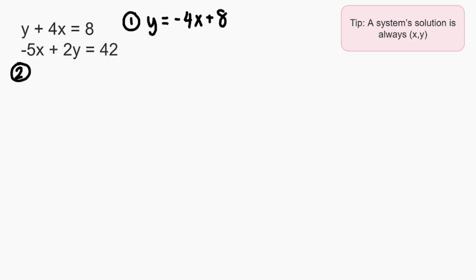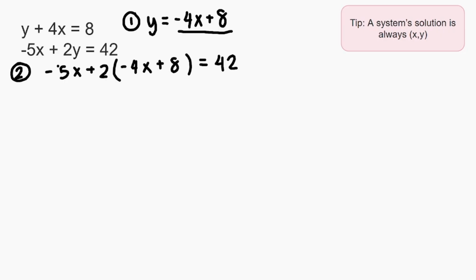So step 2 is going to be negative 5x plus 2 times this value right here, negative 4x plus 8, equals 42. Further simplifying, we get negative 5x minus 8x plus 16 equals 42.